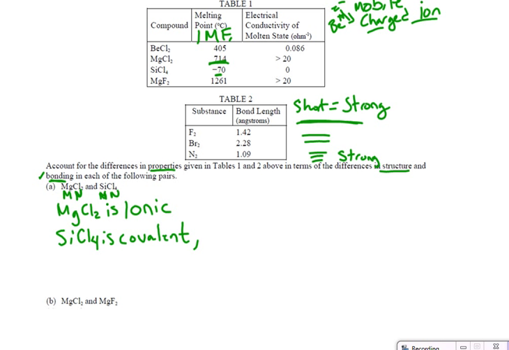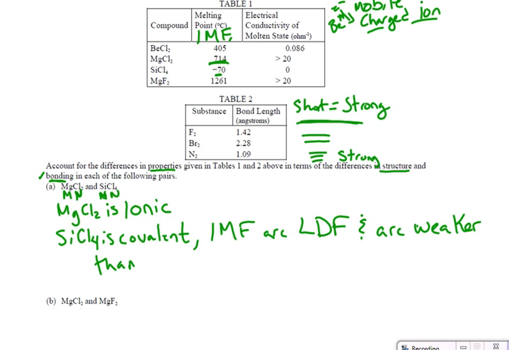Silicone tetrachloride's intermolecular forces are London dispersion forces and are weak, right? Because there's a lower melting point. So they must be weaker than the intermolecular forces holding magnesium chloride together.